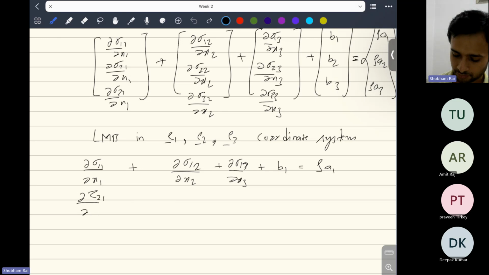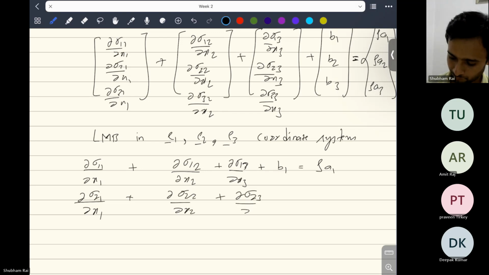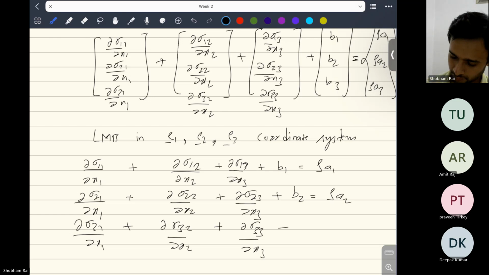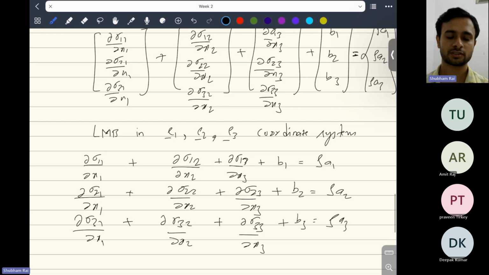Let's keep it sigma 21 only. Right, so I'm just writing del sigma 31 over del x3, del x1, del sigma 32 over del x2, del sigma 33 over del x3 plus b3 is equal to rho a3, right? So this is the final equation that you have.